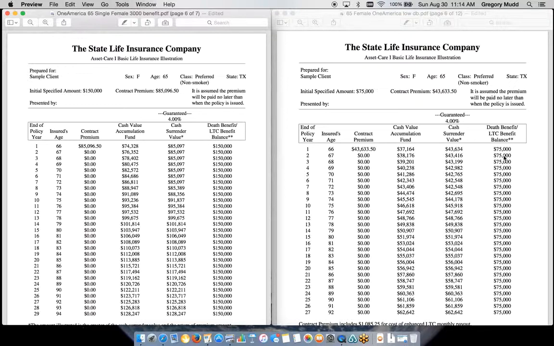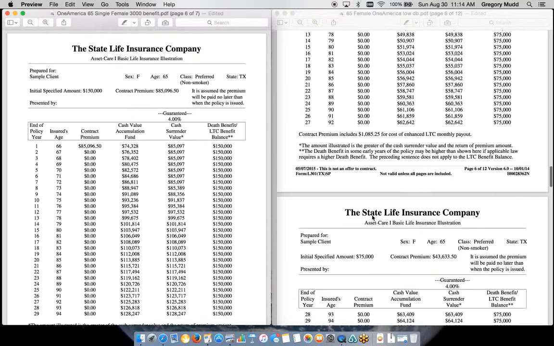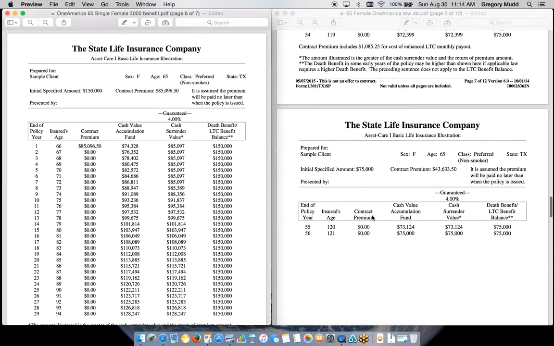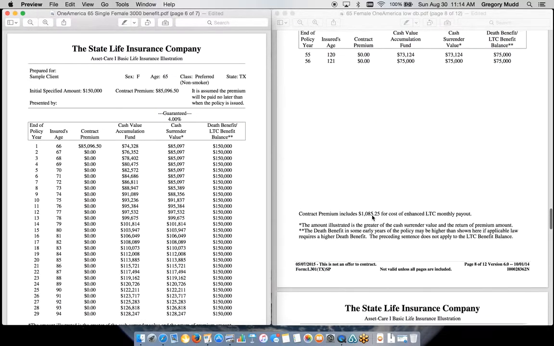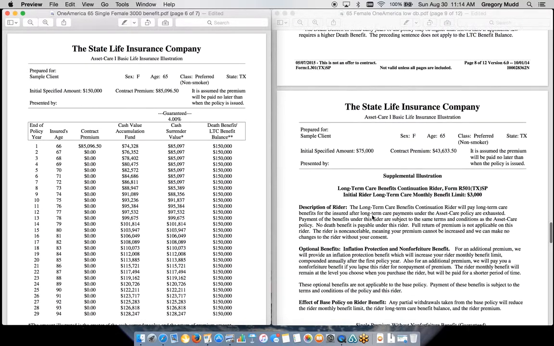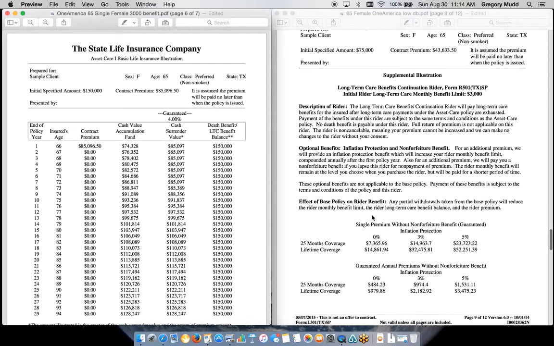Once again, the death benefit is $75,000 on this one versus $150,000 on the other one, which also explains why the premium is so much higher, $85,000 versus what is actually $58,000. So we continue that on out through age 121 on our ledger pages, and now we get into the rider explanation.